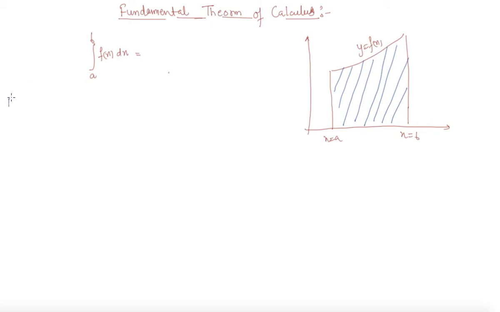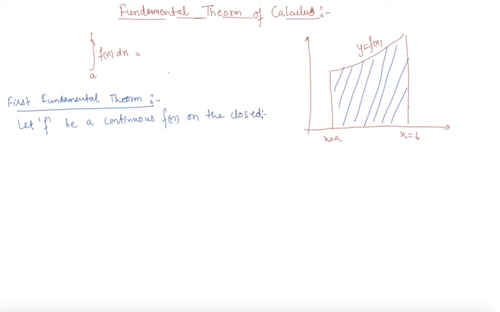So we will discuss the first fundamental theorem of calculus, which states that let f be a continuous function on the closed interval a to b, and let A of x be the area function.